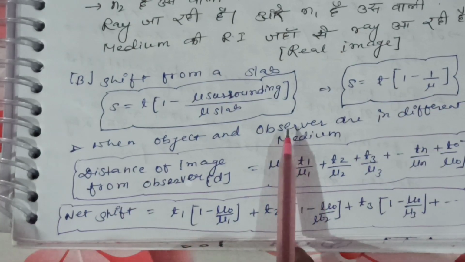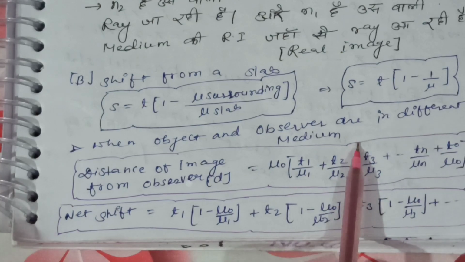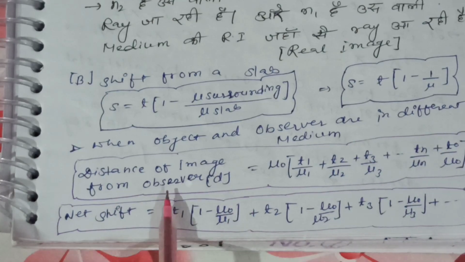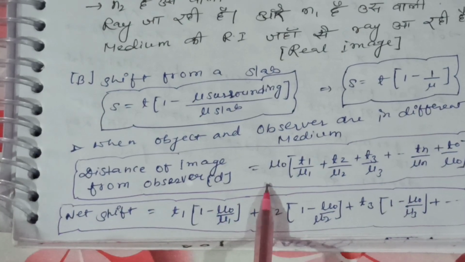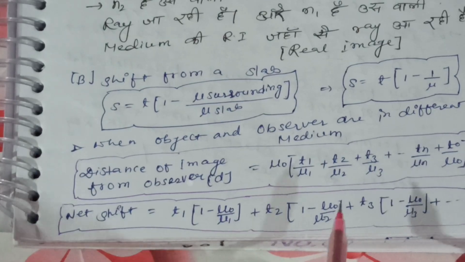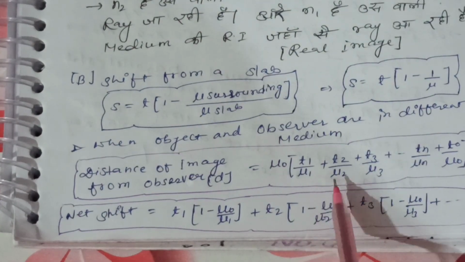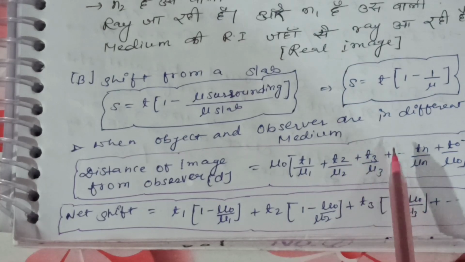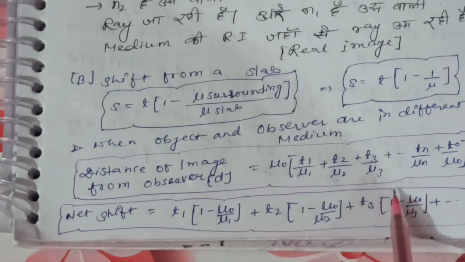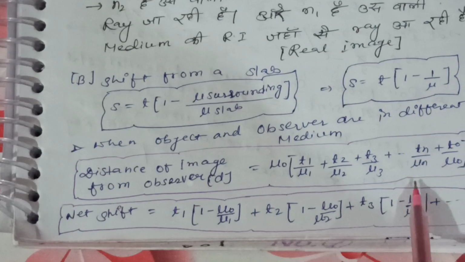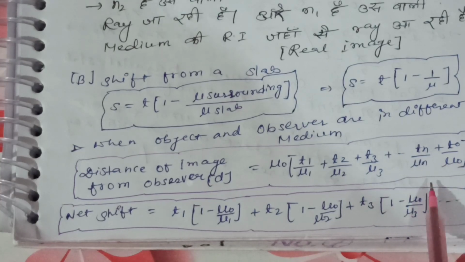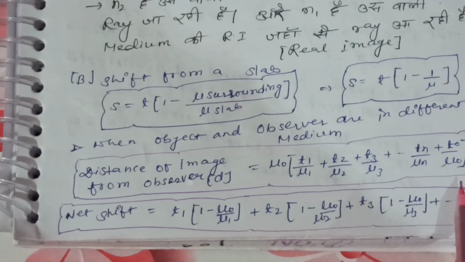When the object and observer are in different media, the distance of image from observer d is equal to mu naught in bracket t1 upon mu1 plus t2 upon mu2 plus t3 upon mu3 plus tn upon mun plus t naught upon mu naught.